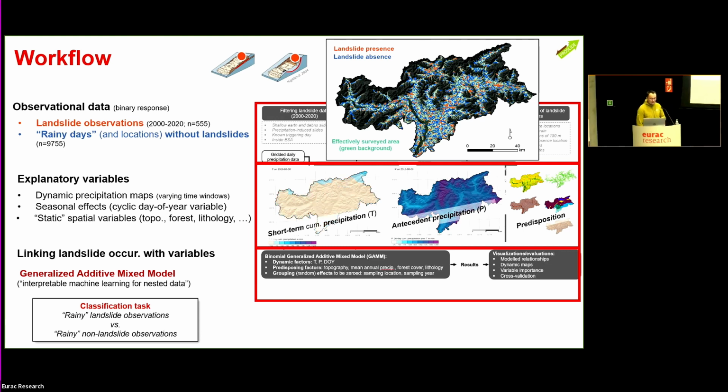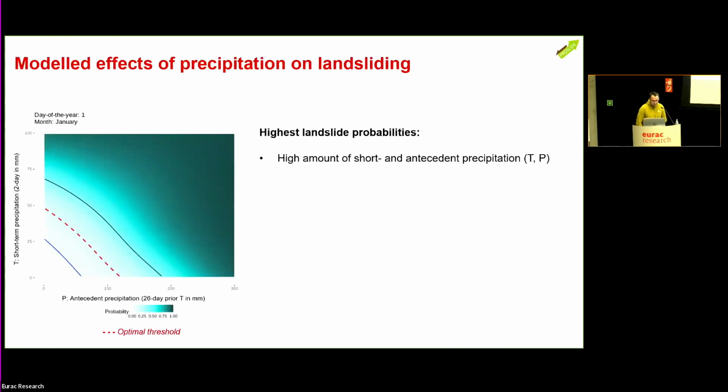And then we linked the landslide occurrence and non-occurrence data with those explanatory variables using a generalized additive model, which roughly said had the task to separate rainy landslide observations from rainy non-landslide observations. And then we transferred our relationship into space, and we also validated the results.